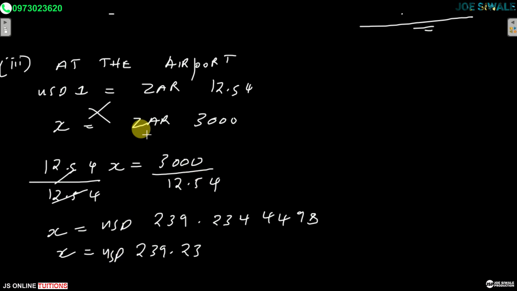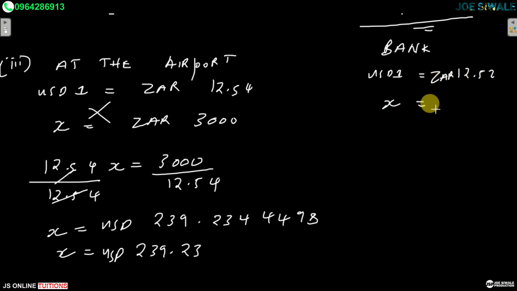At the airport, so we are also supposed to find the bank 3 blocks from the station. So at the bank, which is 3 blocks from the station, we are going to say $1 is equal to 12.52 South African Rand. Then since we returned with 3,000 South African Rand, that's going to be equal to X. So cross multiply there.